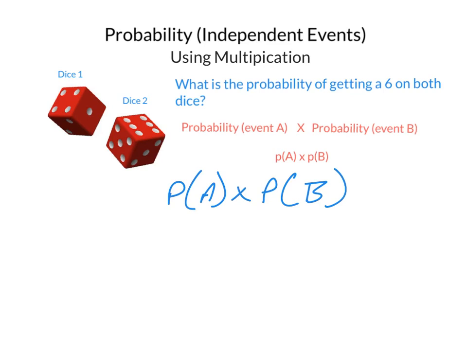Well, the probability of getting a 6 on the first dice is 1 out of 6. And the probability of getting a 6 on the second dice, or event B, is also 1 out of 6. So we just multiply here. Top times top gives us 1. And bottom times bottom gives us 36. So the probability of getting a 6 on both dice is 1 in 36.